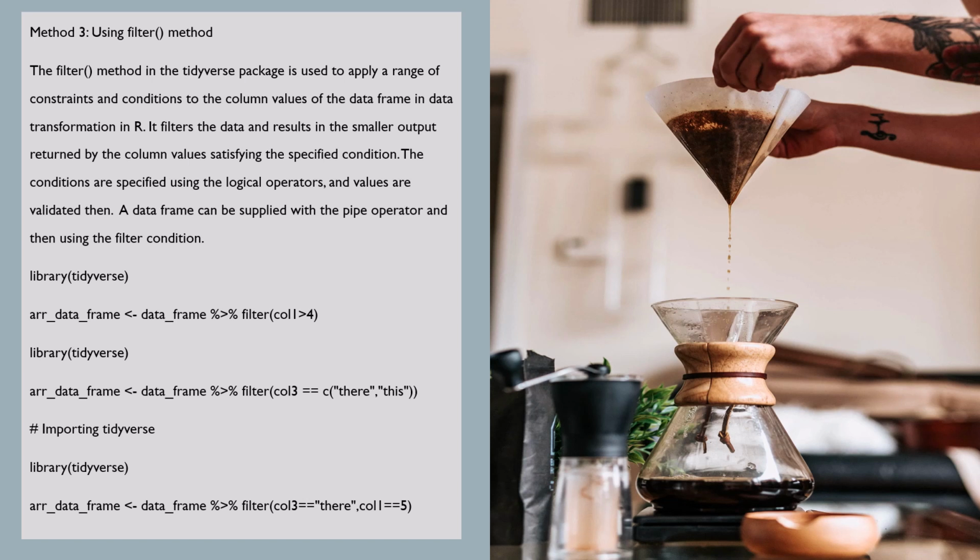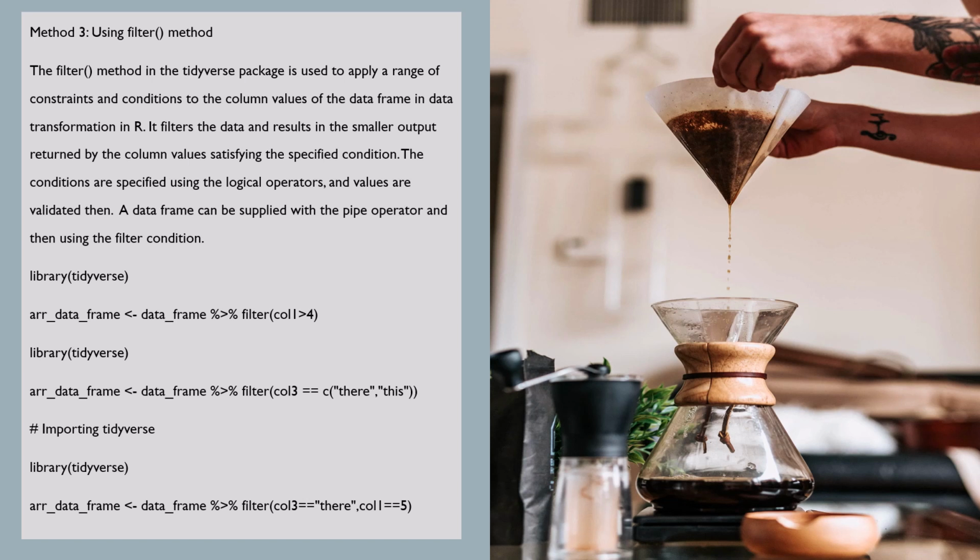For example, if you have a data frame that has students' age and marks, and you want to filter and take only students with age 12 and above or age 20 and above, you would use a filter method.